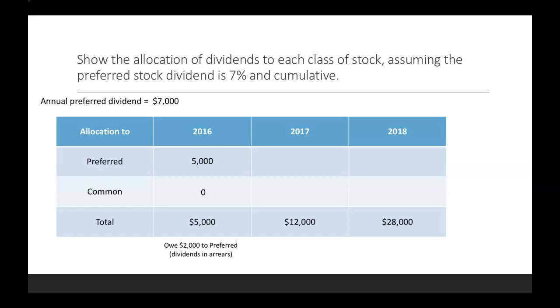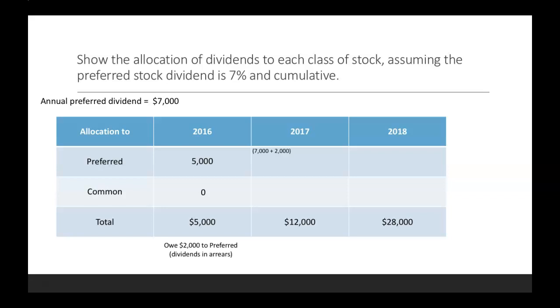So now we can move on to 2017. In 2017, we did better as a company. We could give out $12,000 of dividends. So now we're looking at preferred. Preferred is supposed to get $7,000 every year. Can they get that $7,000? Yes, because we're giving out a total of $12,000.